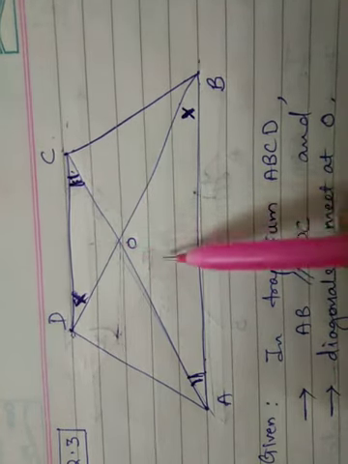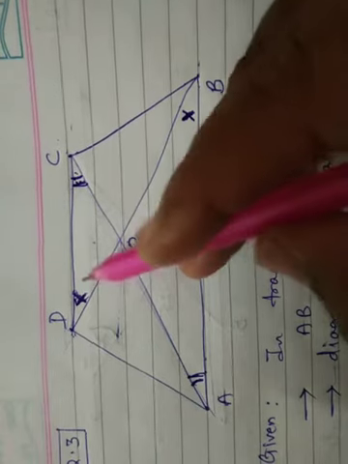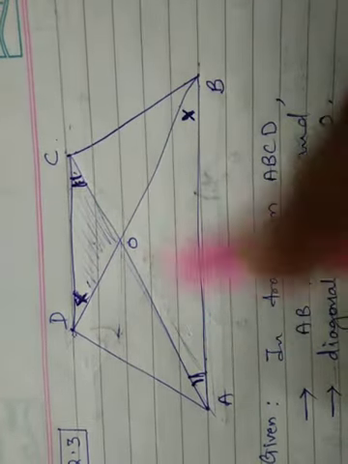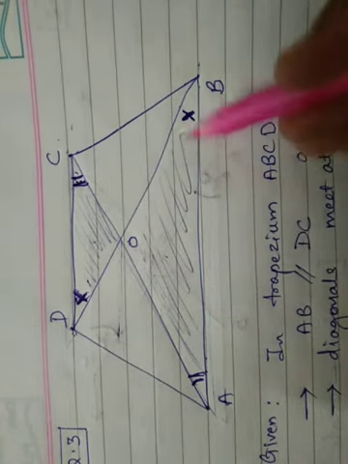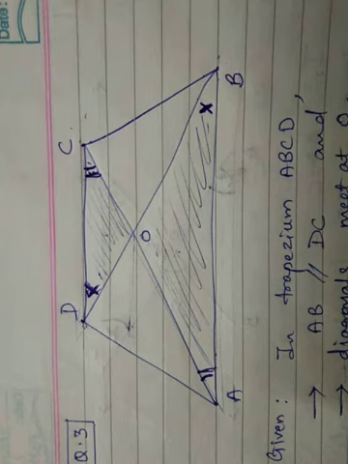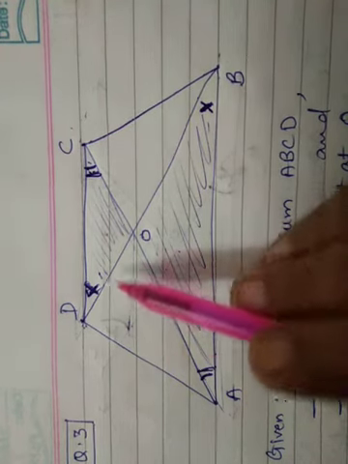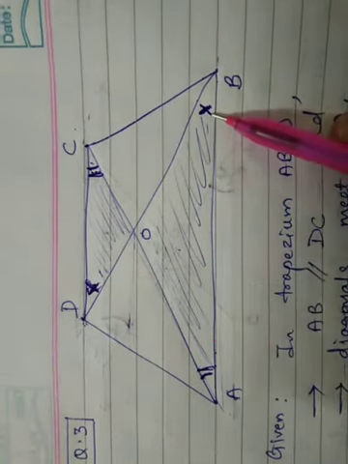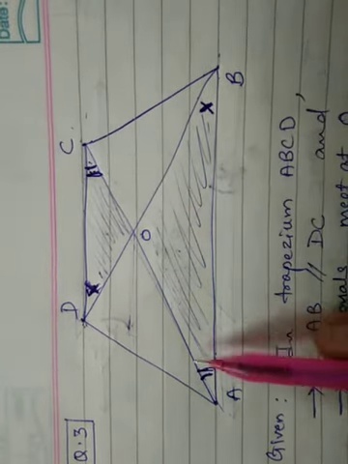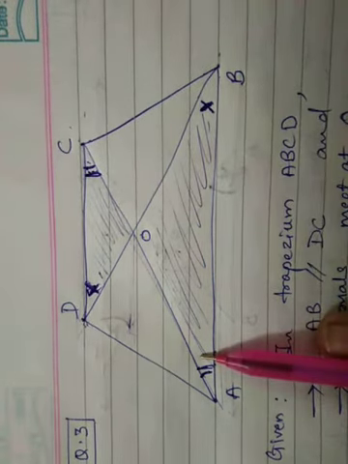Now if you consider both these triangles, if I shade it a little lighter, these are the two opposite triangles I am going to take. In these two opposite triangles, angle D is equal to angle B because of alternate angles. Angle C is equal to angle A because of alternate angles.